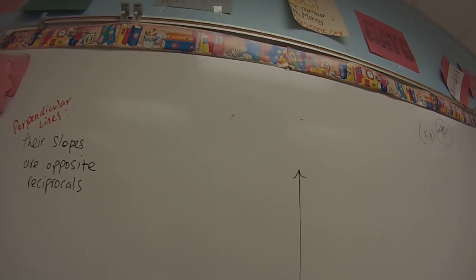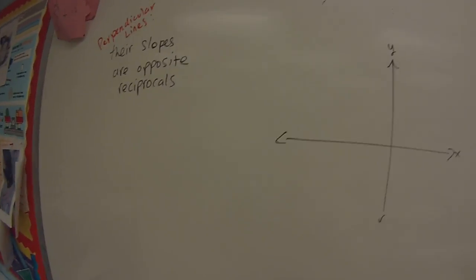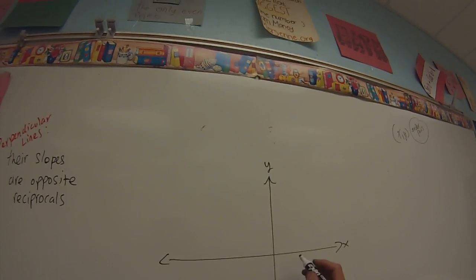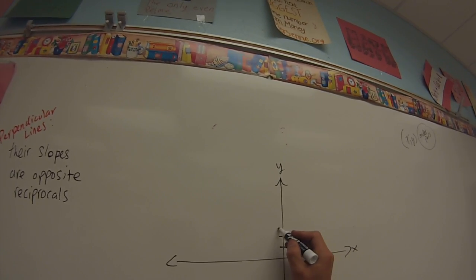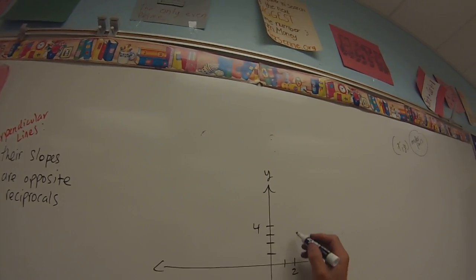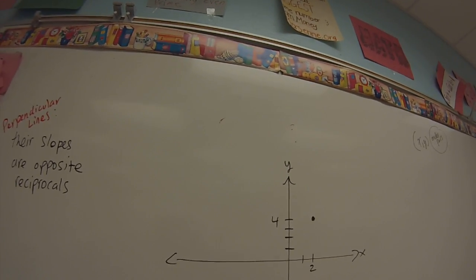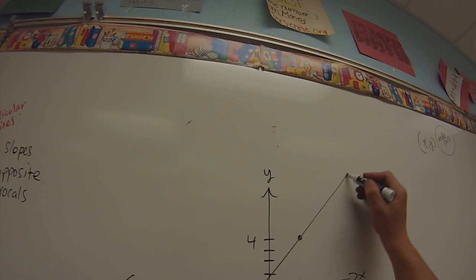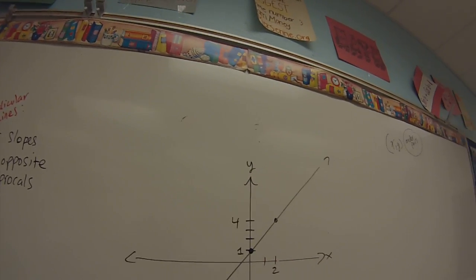So again, here's the coordinate plane, the x and the y axis. Let's see here, 2, and then here we have 4. Okay, so let's say we make a line through that black dot here. That's 1.